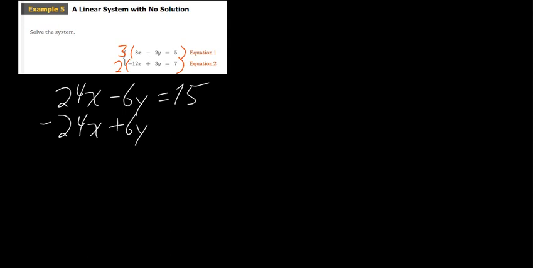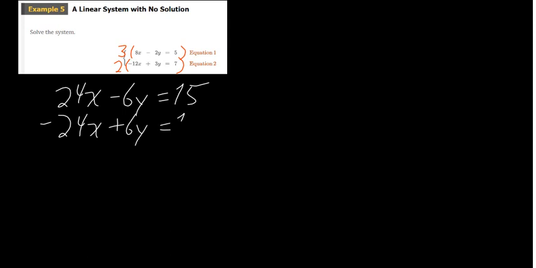Okay. So if I write this out, I multiply the top one by 3, and I get 24x minus 6y is equal to 15. And then the second one would be negative 24x plus 6y.